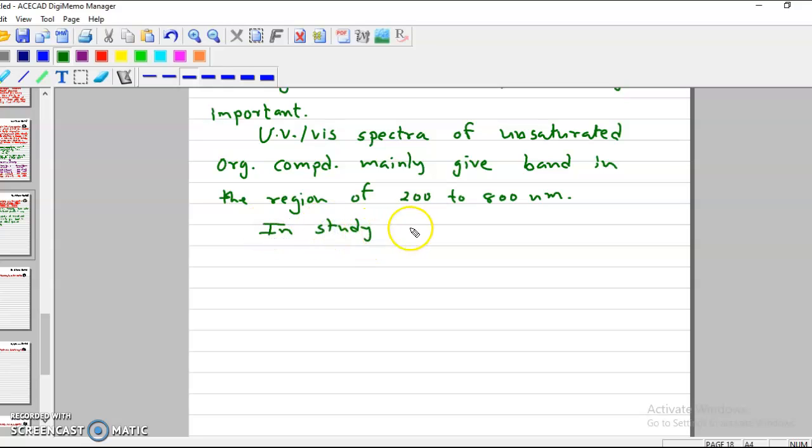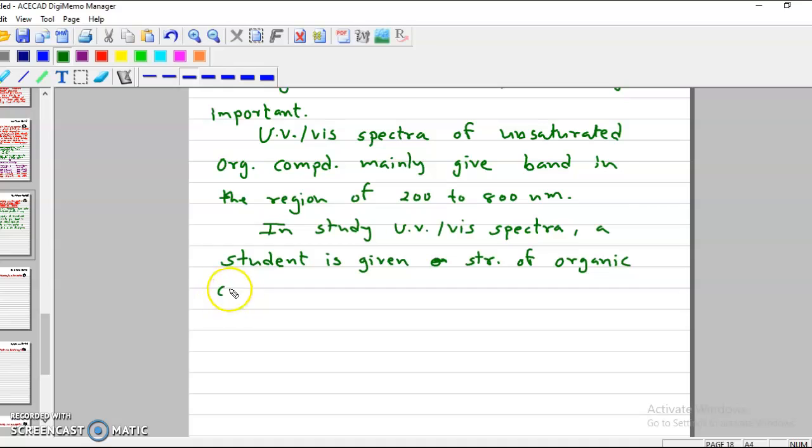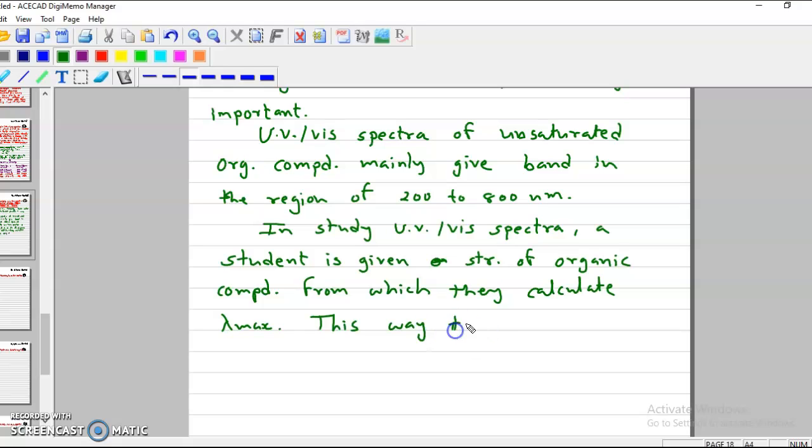In the study of UV visible spectra, a student is given the structure of an organic compound, from which they calculate lambda maxima.